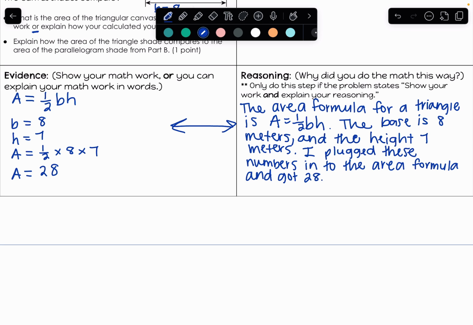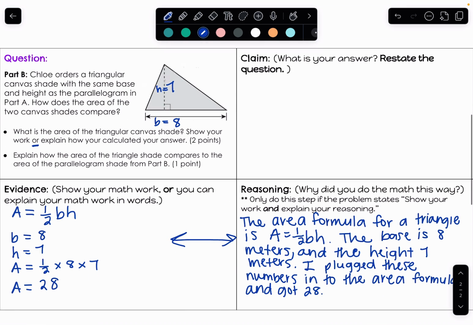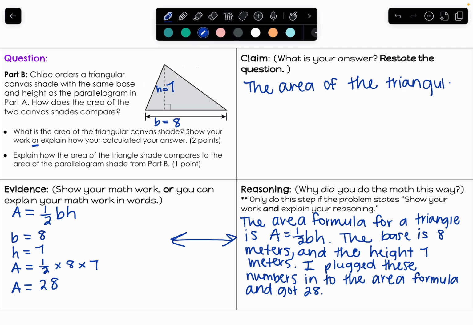So let's write our claim now. Don't forget your claim. So this is your answer. We're going to restate the question. It says, what is the area of the triangular canvas shade? The area of the triangular canvas shade is 28, and do not forget your units.